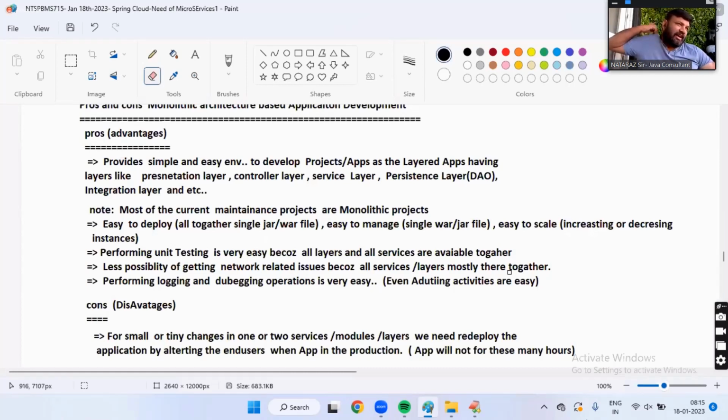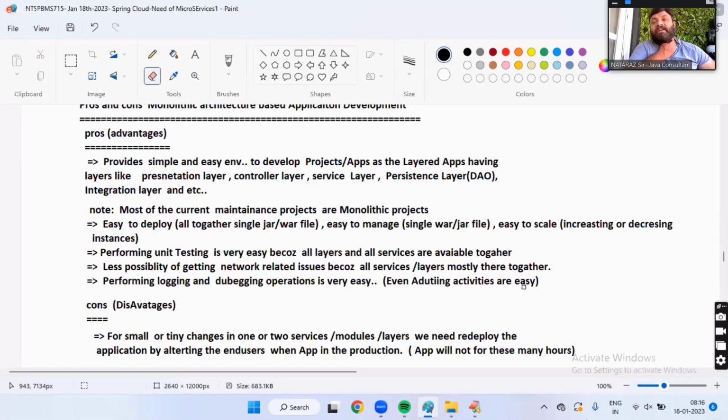It is another interesting one, right? Next one, performing logging and debugging operations is very easy. Even auditing activities are easy because all are together.